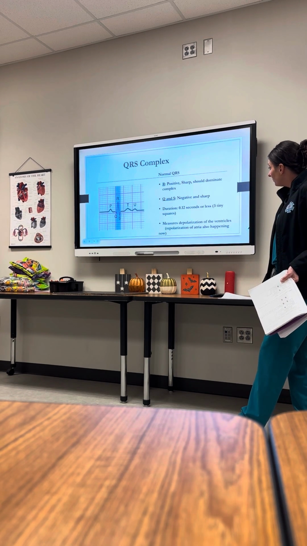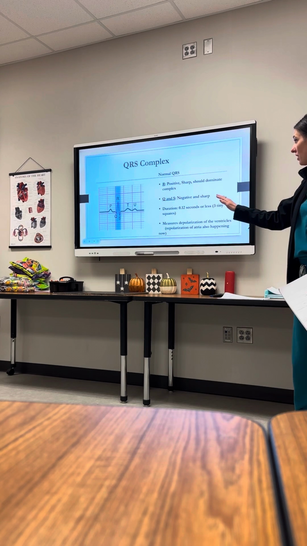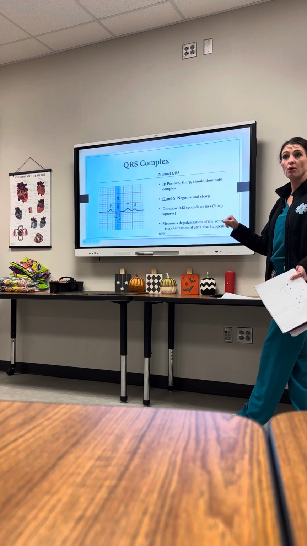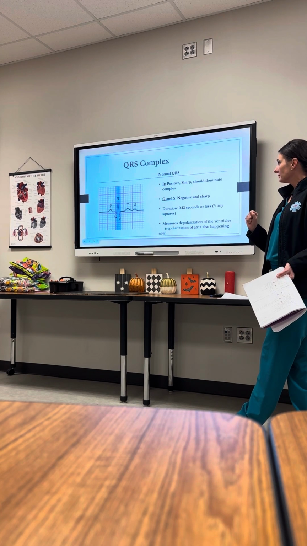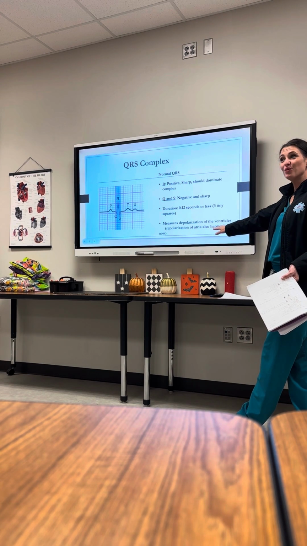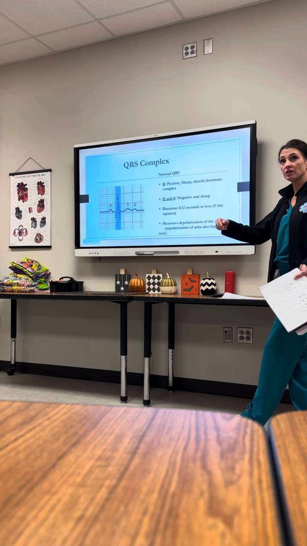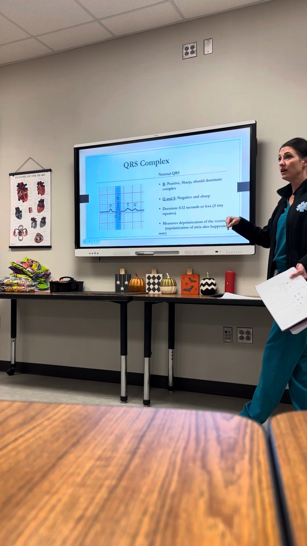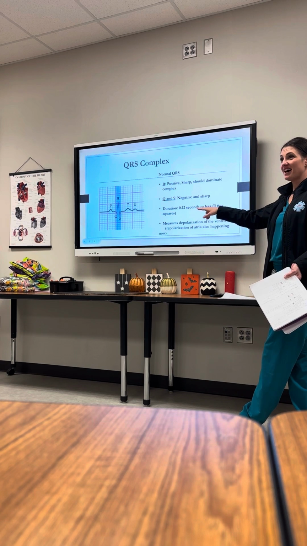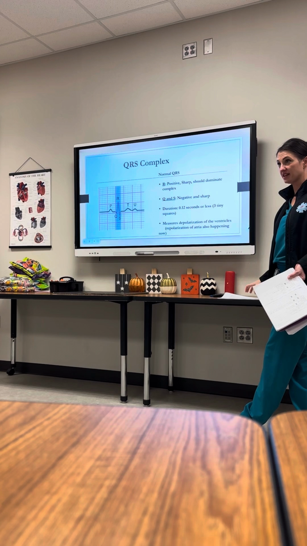What are we measuring here in the QRS? We are measuring the depolarization of the ventricles. And let's make note that the repolarization of the atria is happening at the same time. We don't see it though, because the depolarization of the ventricles is dominating at the time.